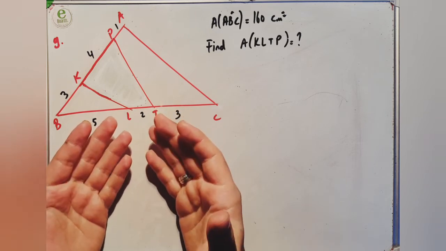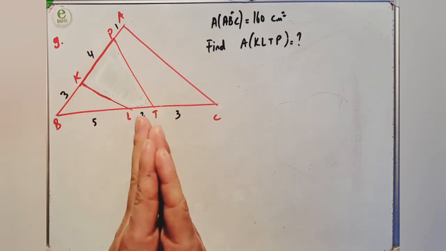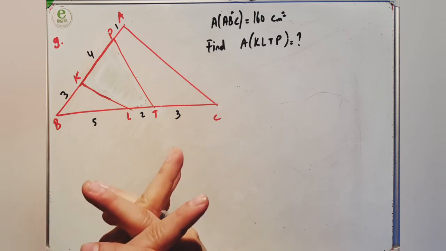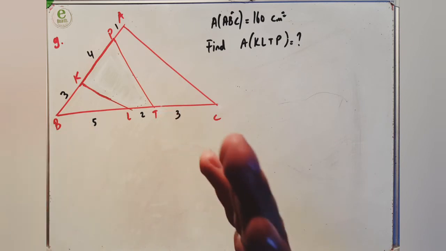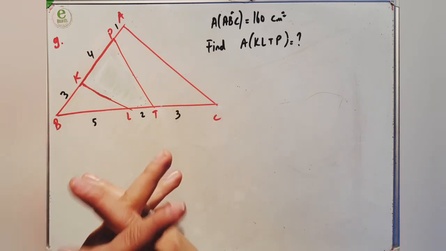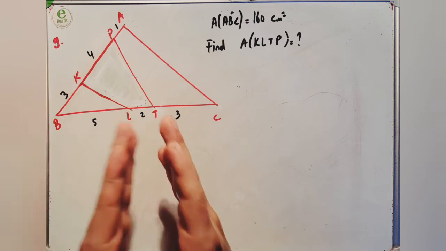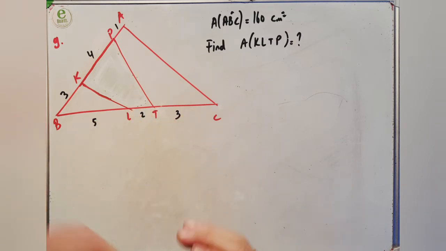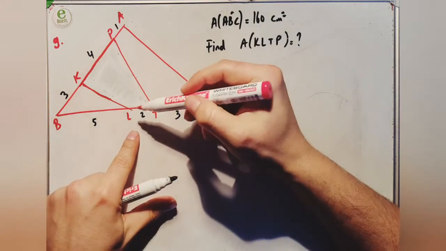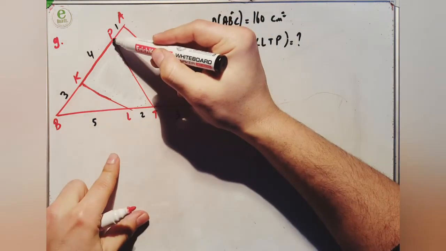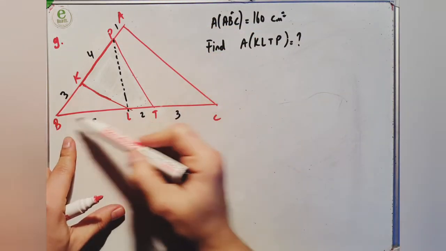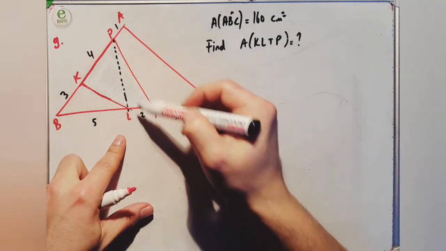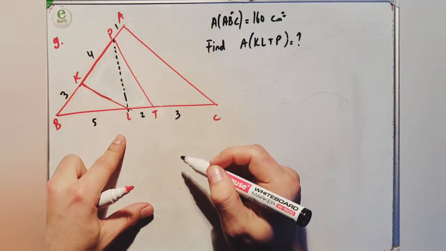Before starting, I'm going to describe one triangle method. If triangles share a common height, then the ratio of their areas is equal to the ratio of the lengths of their bases. So if I combine points L and P, triangle BLK and triangle KLP share a common height.